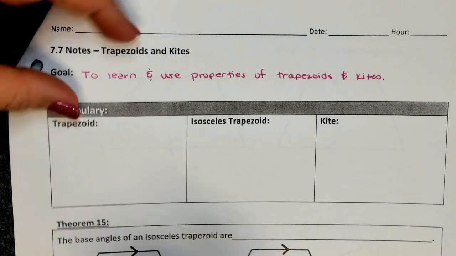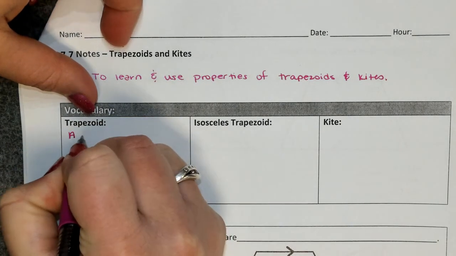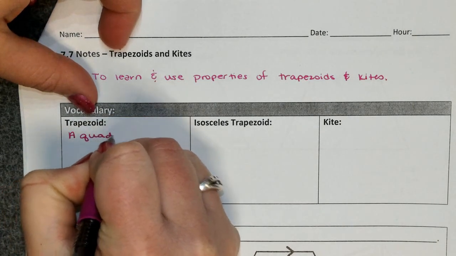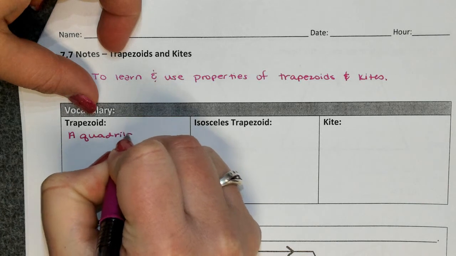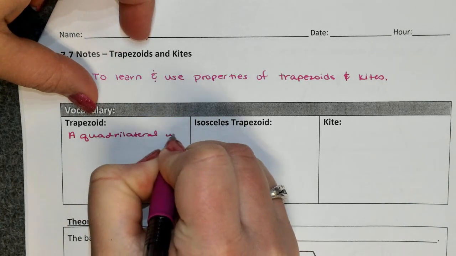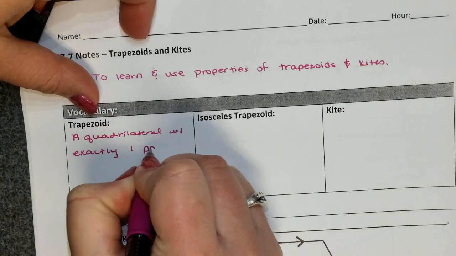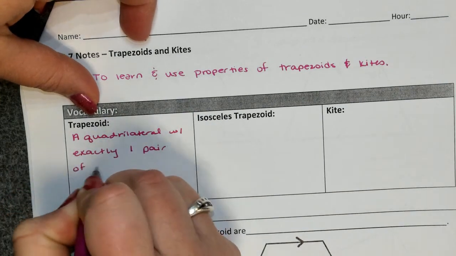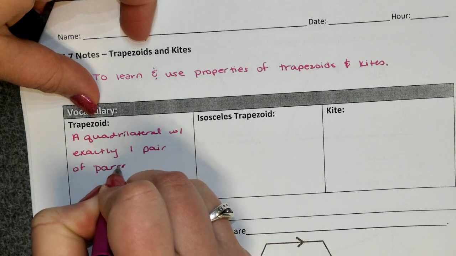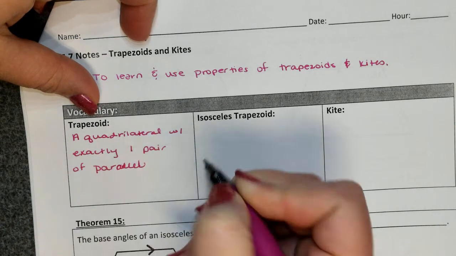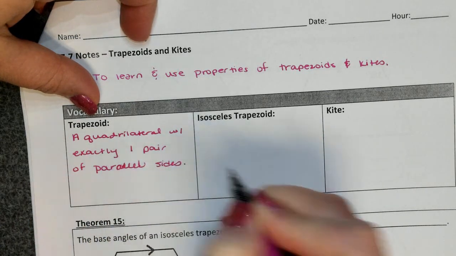Yes, this is a quadrilateral. And we have to say it's a quadrilateral so that we state that it's a four-sided figure with exactly one pair of parallel sides.